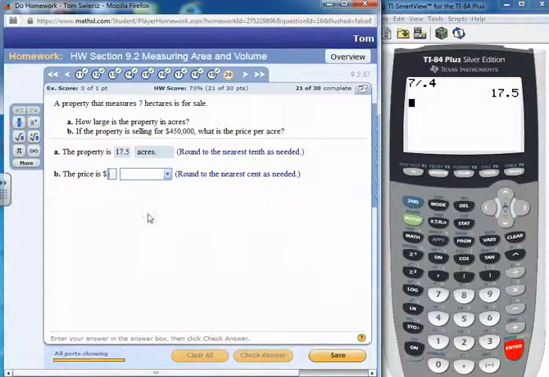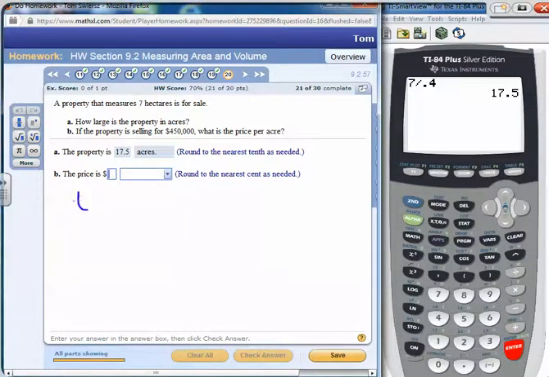Okay, now the price is how much per acre. Here you just take the total price, the total amount of money spent, divided by the number of acres, and that will give you the price per acre.